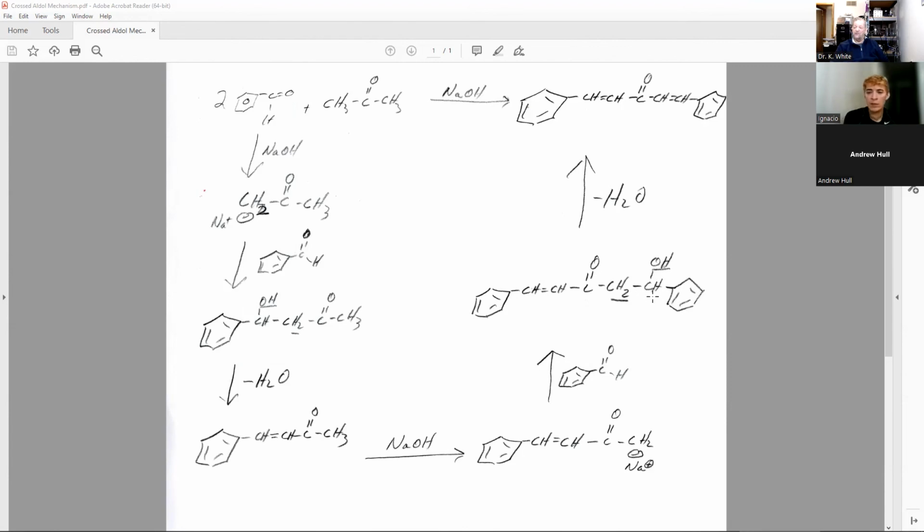If I lose a stable molecule, OH here, H there, water, I'll form a double bond up here, and this will be fully conjugated in a very stable molecule. And the key step in this reaction is the first one, the base reacting with the acetone, the ketone, to form this enolate anion. That's the key step.